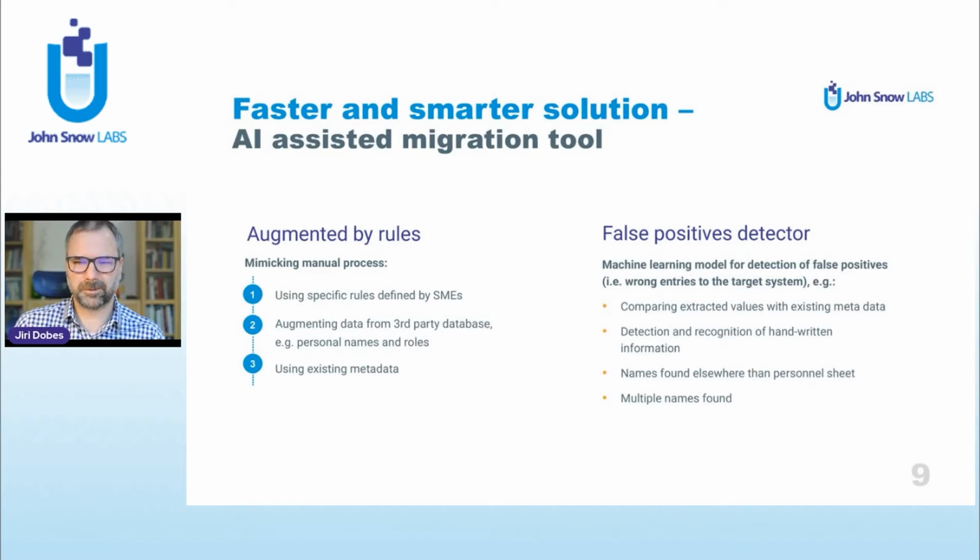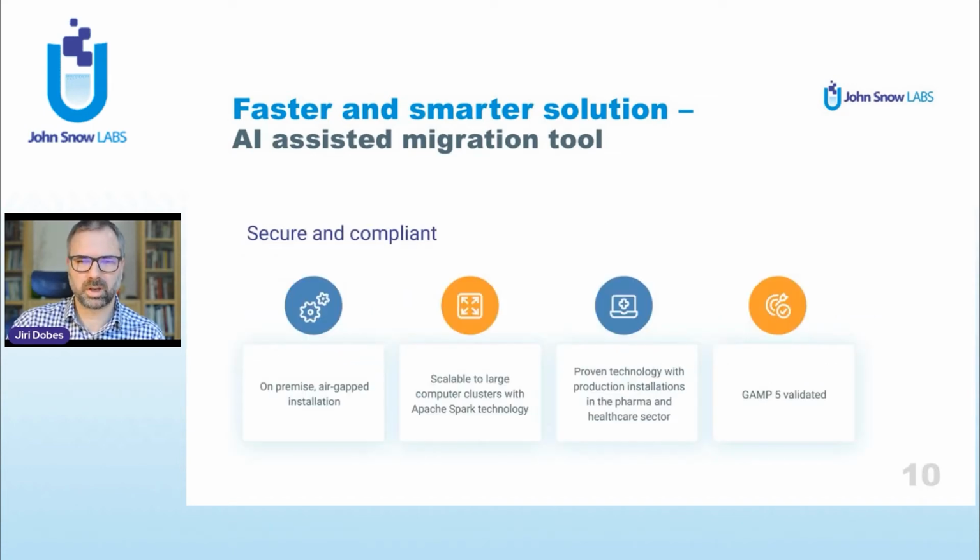So we have a false positives detector, which is a machine learning model that is able to classify whether the information extracted is correct or potentially incorrect. Then it goes to the exception queue. It runs on premise without need of internet.